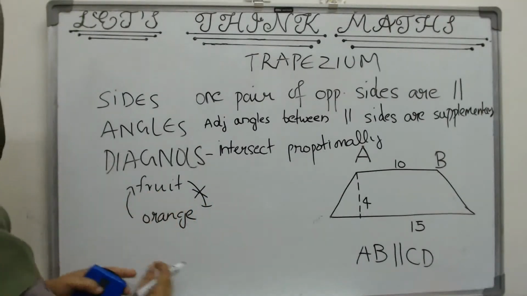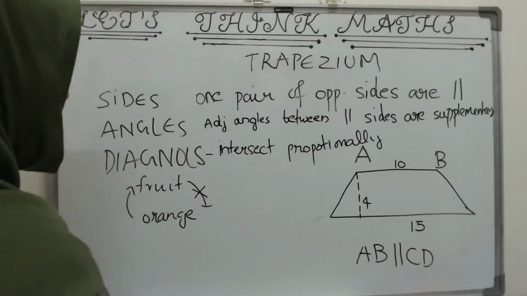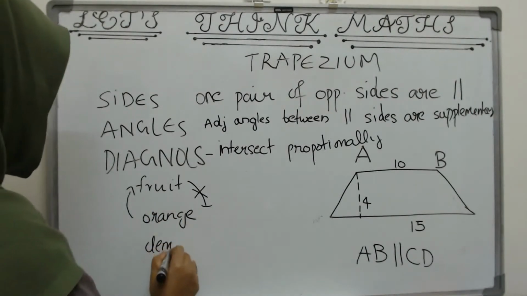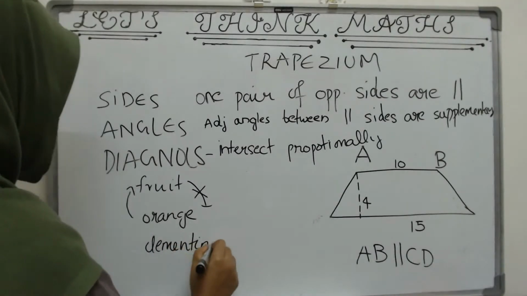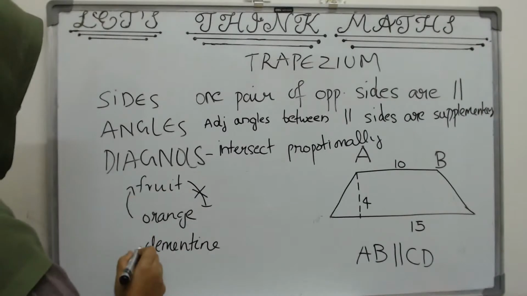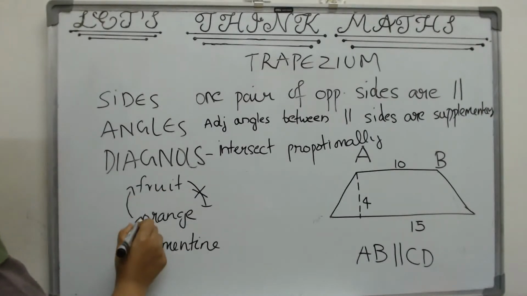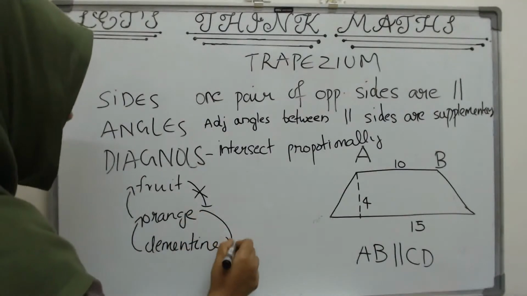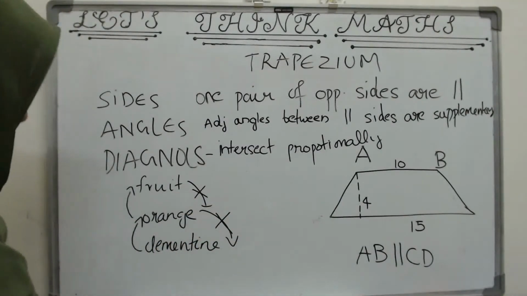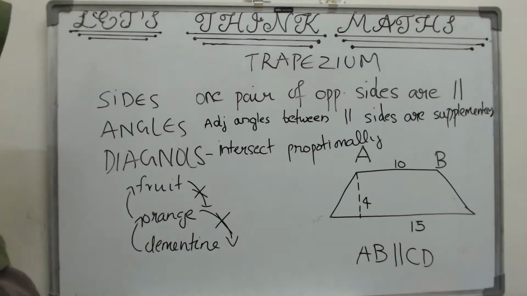Similarly, take a kind of orange, for example, a clementine orange or a mandarin orange. Suppose you have a clementine orange here. Then this is a special kind of orange, which means the clementine orange will satisfy all the conditions of an orange, but the orange will not satisfy all the conditions of a clementine. Why? It can be a mandarin orange, and a fruit will not satisfy all the conditions of an orange.